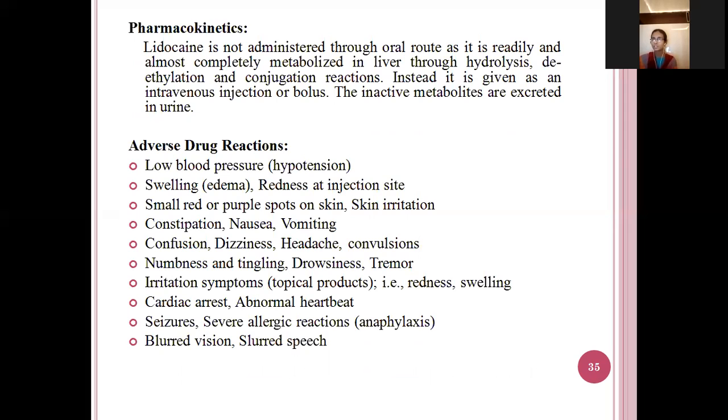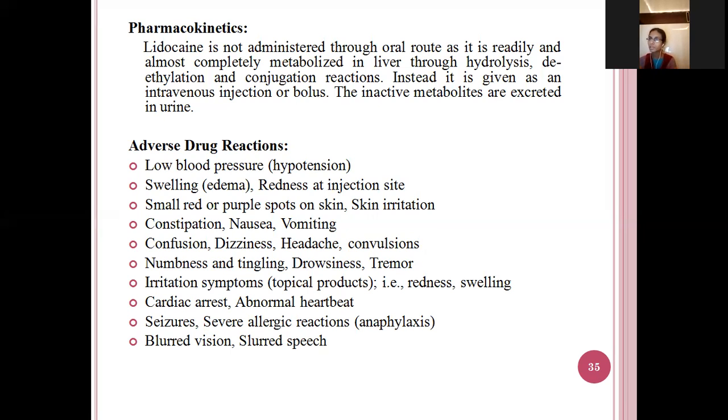So instead of the oral route, it should be given through the intravenous route of administration, and the metabolites are eliminated in urine. So this drug is not preferred for the oral route. It is metabolized in the liver, and the remaining inactive metabolites are excreted in urine.